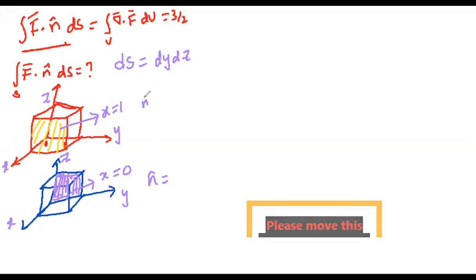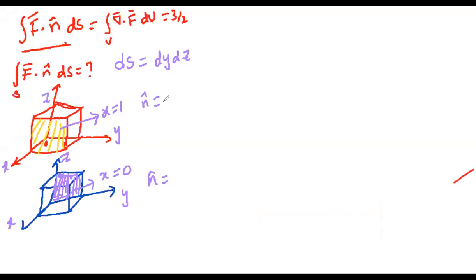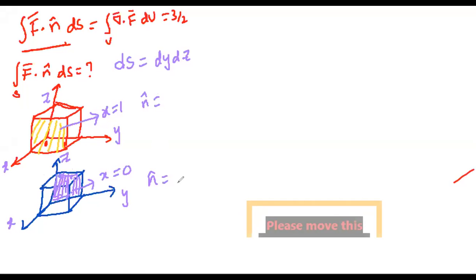What is n cap here? Then my job is going to be easy. In this case, this one is positive and this one is negative. This is going to be positive i cap, and here it should be minus i cap.